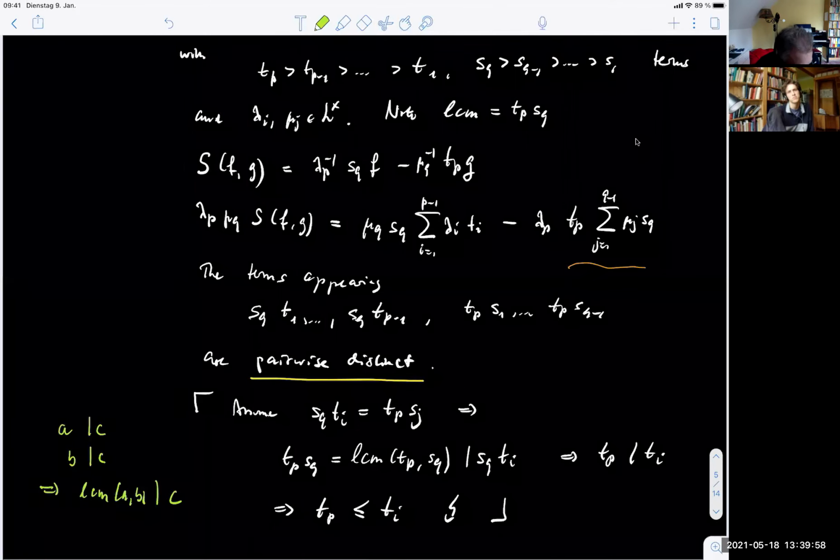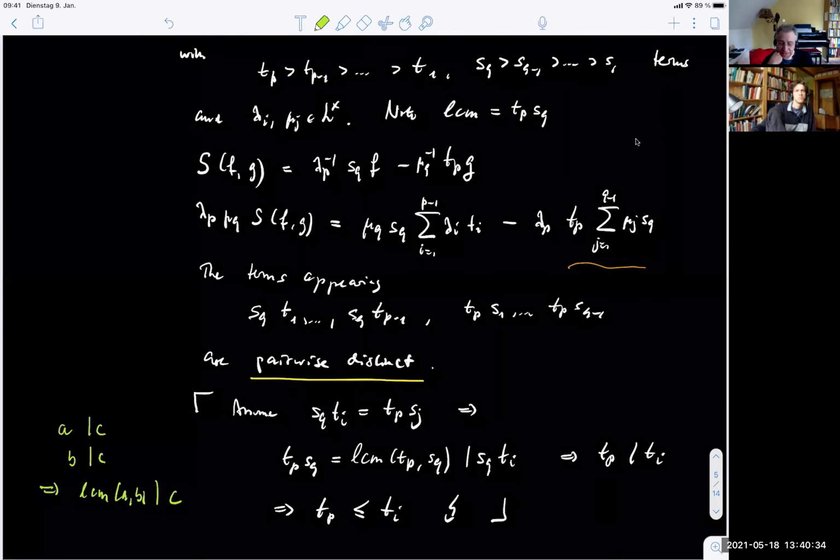Do you agree about this implication? I have to think about it a short moment. But the least common multiple is larger than A and larger than B, think of numbers.